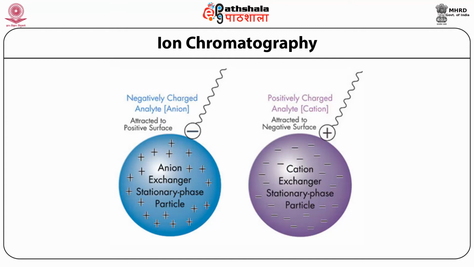Similarly, various metal ions are also determined by using the cation exchange stationary phase particle, and we can detect trace amounts of heavy metals present in the water by using ion chromatography.